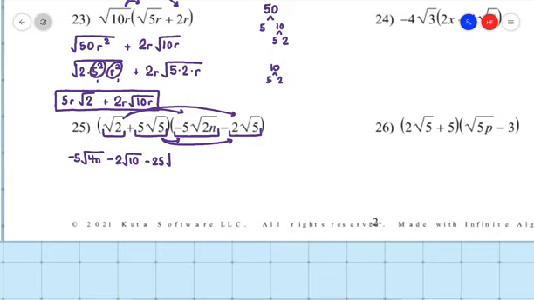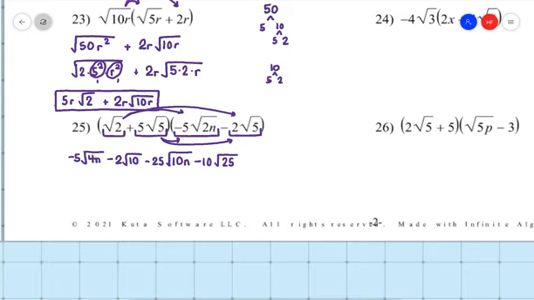And then underneath the radical, we'll multiply, so 5 and 2 gives me 10. And then that n stays. And then again, coefficients with coefficients gives me negative 10. And underneath with underneath gives me square root of 25.